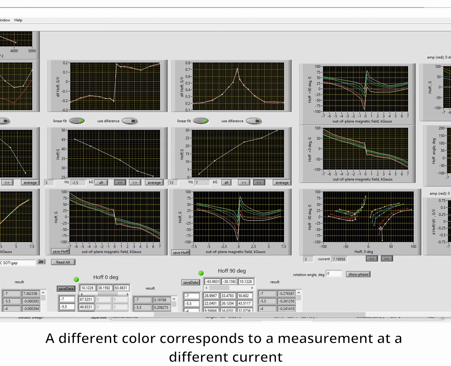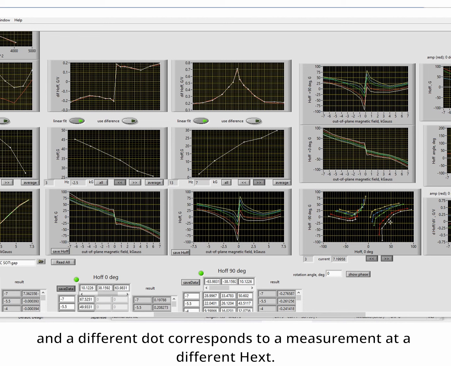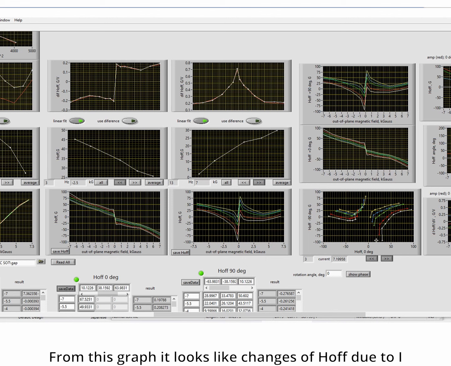A different color corresponds to a measurement at a different current, and different dots correspond to measurements in different external magnetic fields. From this graph, it looks like the changes of the offset field due to current and external magnetic field are perpendicular to each other.